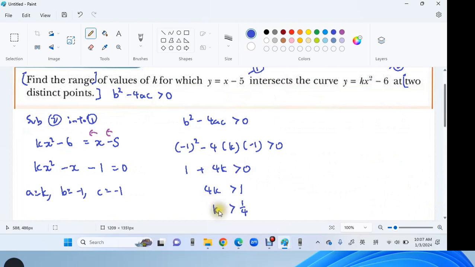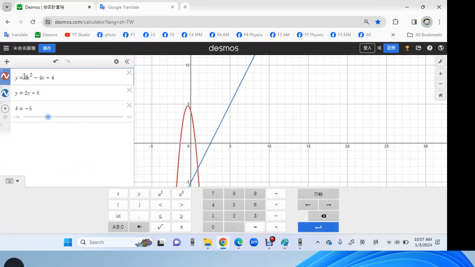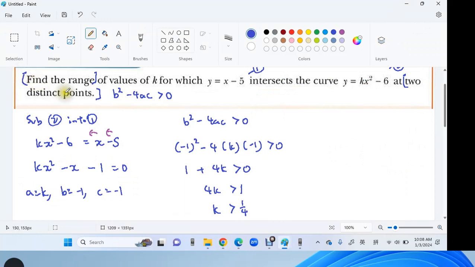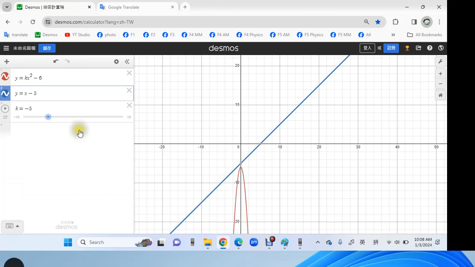We have kx squared minus 6, and then we have y equal to x minus 5. So when k is negative 5 here, they don't intersect.